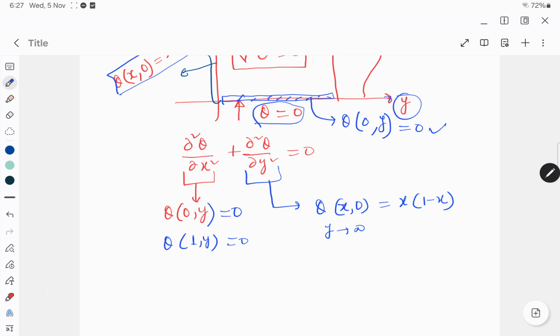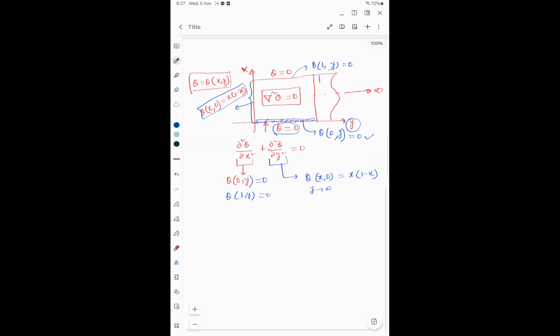I will not write this right now. Okay, so let's proceed with the problem. Why am I not going to write it? Because there is no need to specify the thermal condition at the distant y boundary. Theta must be finite.